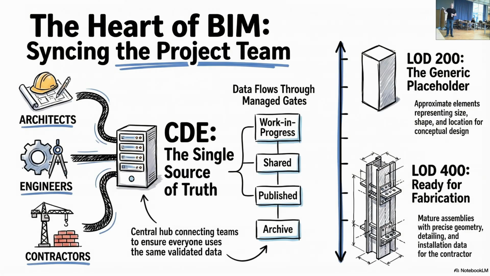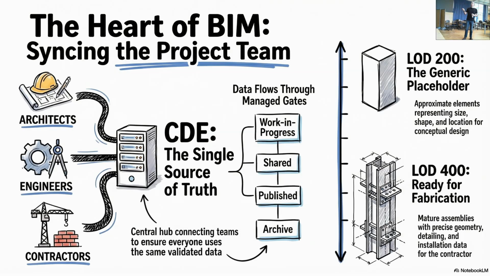So we have different stakeholders: architects, engineers, contractors. And then they basically use a single source of truth, which is the common data environment, CDE. This is a central hub, and it connects the teams. And we have different gates in this process.